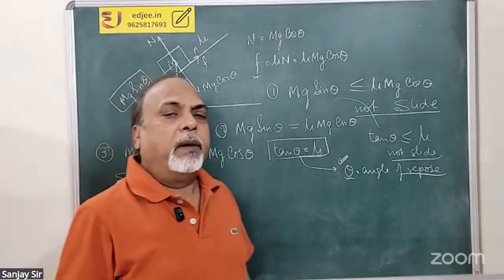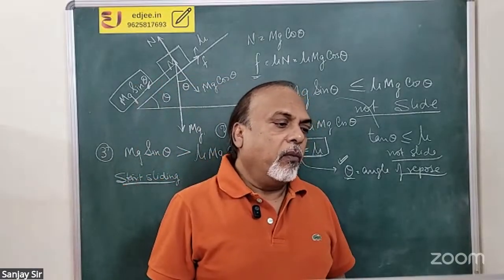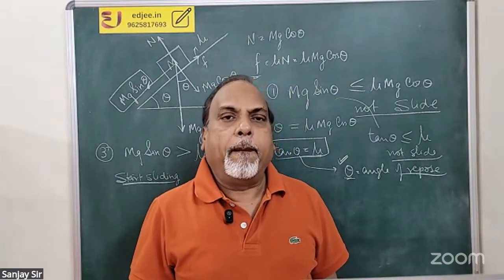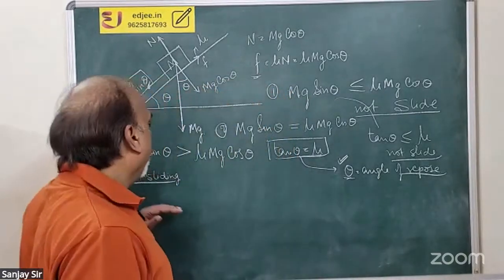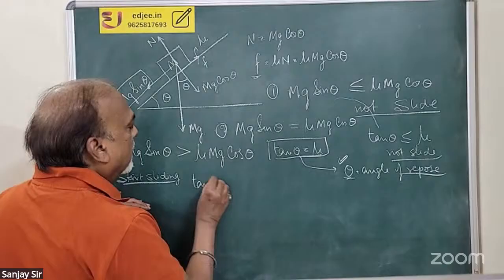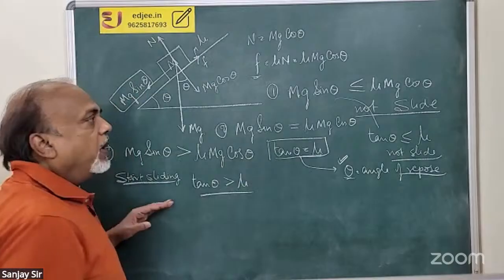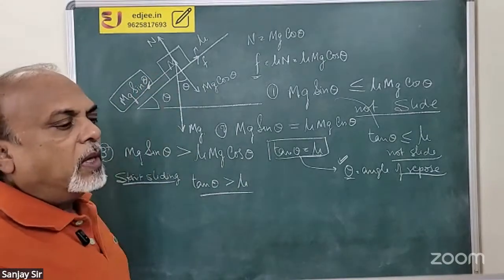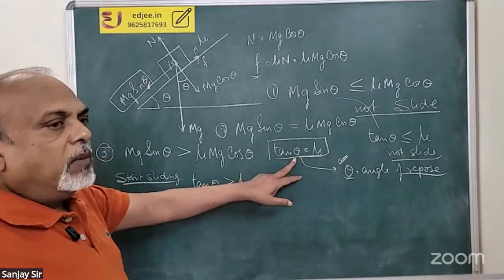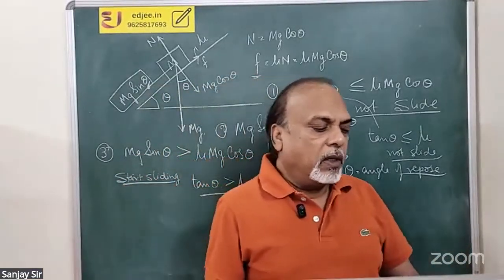Very simple to understand. Here, tan theta is greater than mu, meaning the inclination angle is more than the limiting theta. If you increase theta further, it will slide.